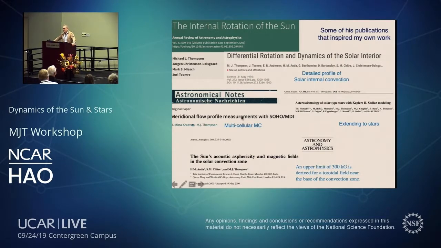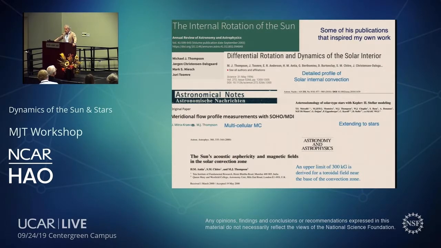For many years, when we modelers were showing our simulations and the meridional flow we were having in our simulation, people doing helioseismology inversion would not believe them because they were multicellular, and there was a very strong feeling in the community that the solar meridional circulation should be 1 cell per hemisphere. And the work of Mike in 2007 triggered an interest for people to look again at that.